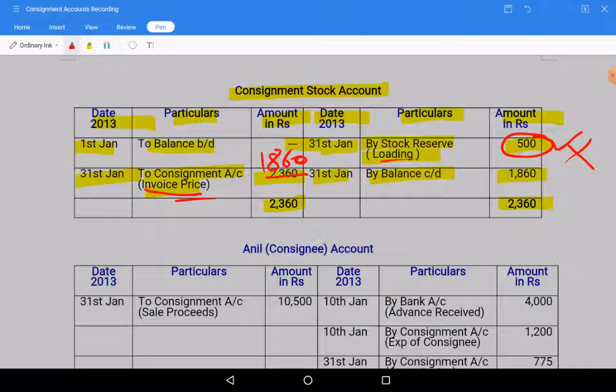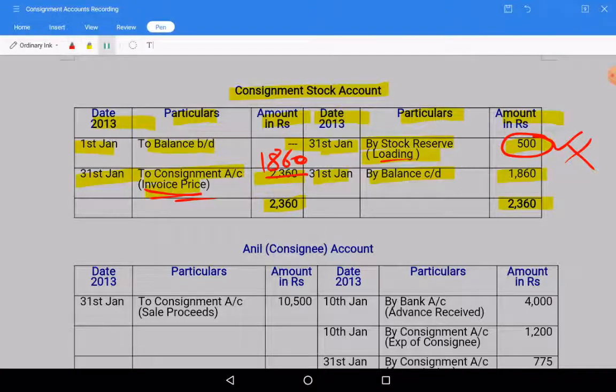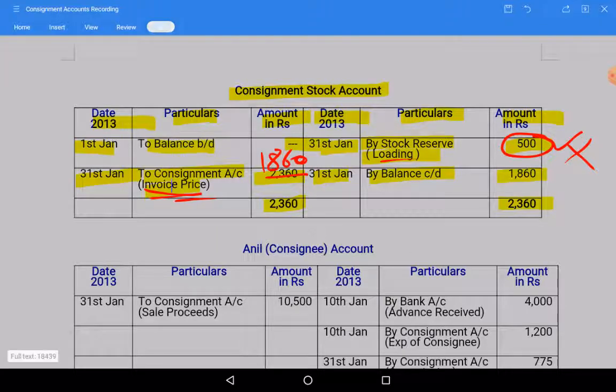Why I am telling these things is, in the cost price method and invoice price method, what is the major difference? In the invoice price method loading will come, and the amount needs to be taken at invoice price, not at cost price. In the case of the cost price method, there will not be any loading portion, so directly you will take cost. So hope till here you have understood.